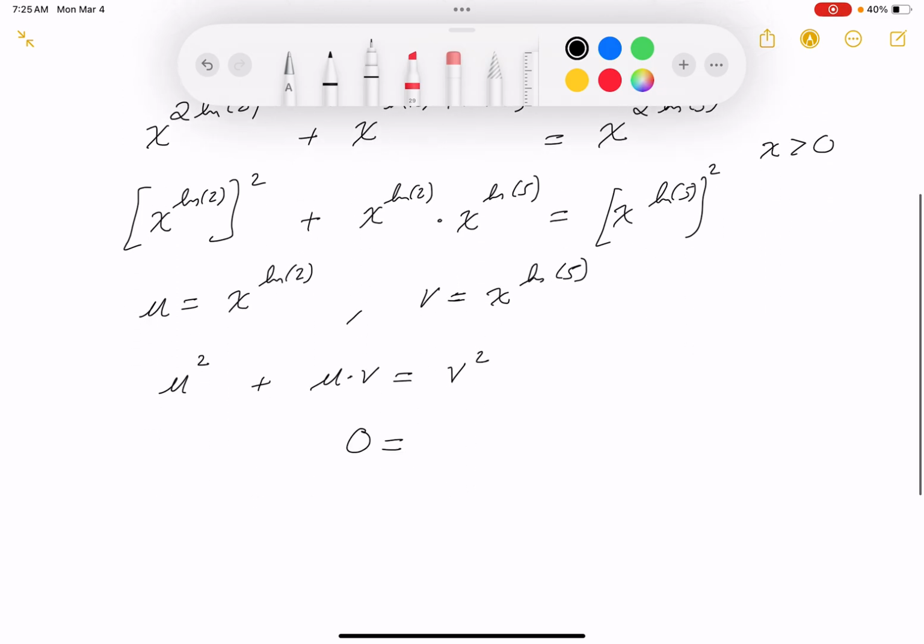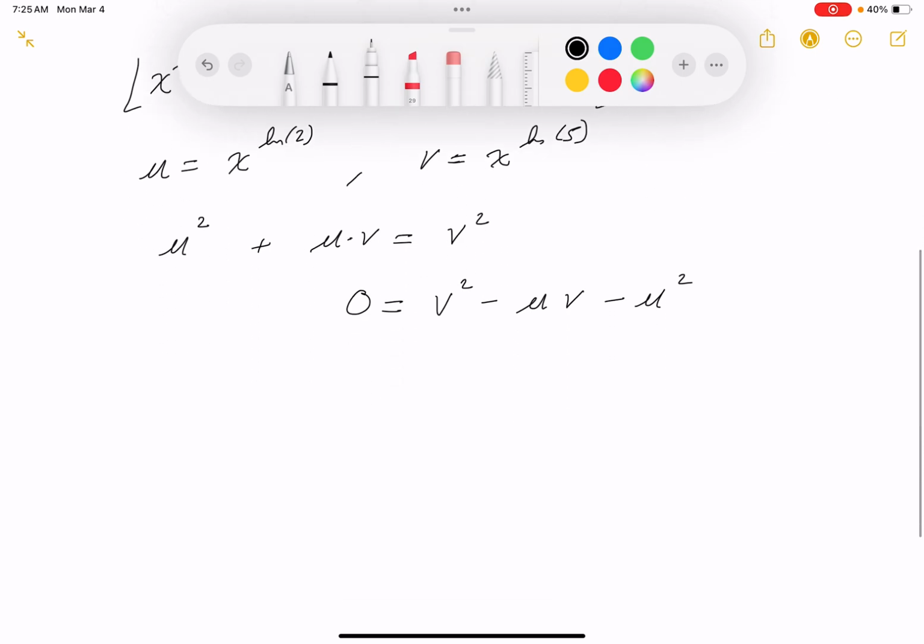It looks quadratic in form, and I'm going to see if I can use the zero product rule on it. And you get v squared minus uv minus u squared. Okay, I can't factor that, but I can use the quadratic formula. So v equals, what goes on the bottom? Twice the coefficient on the v squared term, so it's 2 times 1, which is 2.